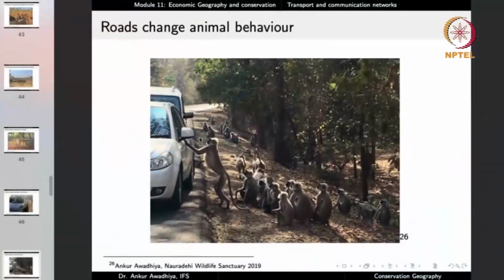Once that happens, whenever a vehicle stops on the road, these animals will come to these people. Now that becomes a situation of nuisance. Why? Because these animals can attack the human beings. Once that happens, everybody would say that these are very ferocious animals, whereas in actuality these animals are very timid.